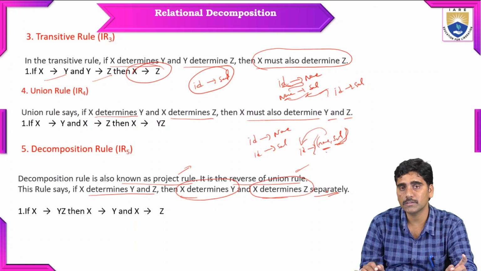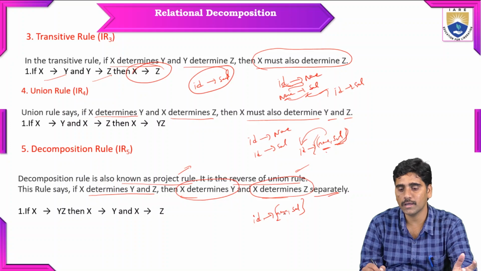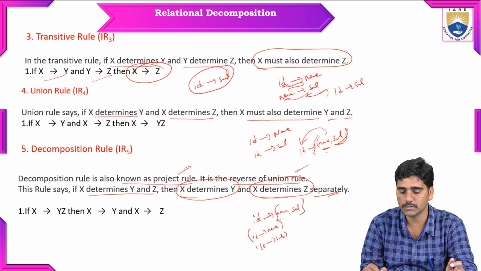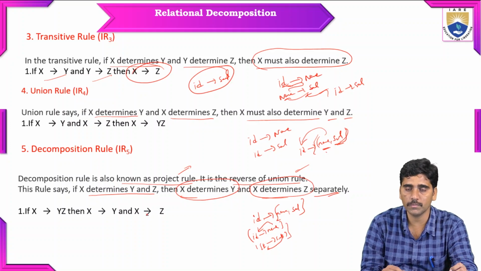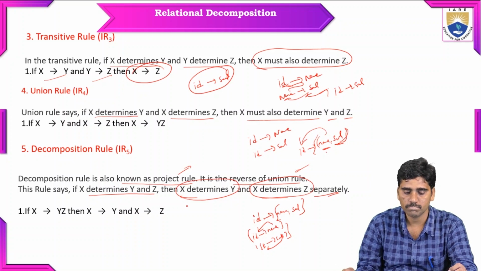So if employee id determines both name comma salary, then you can write it as id determines name as well as id determines salary. That means salary is depending individually on id, and name is depending individually on id.